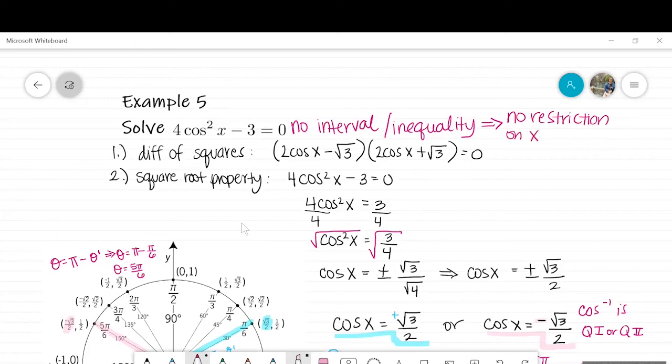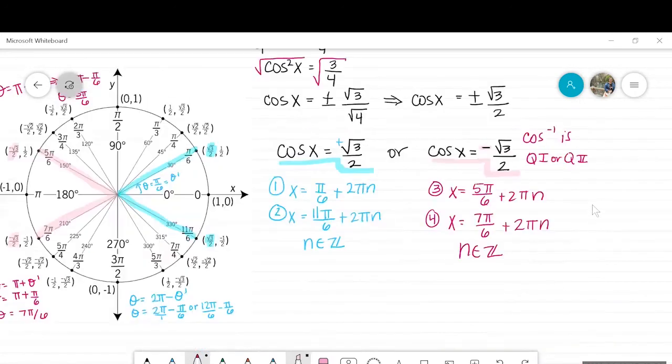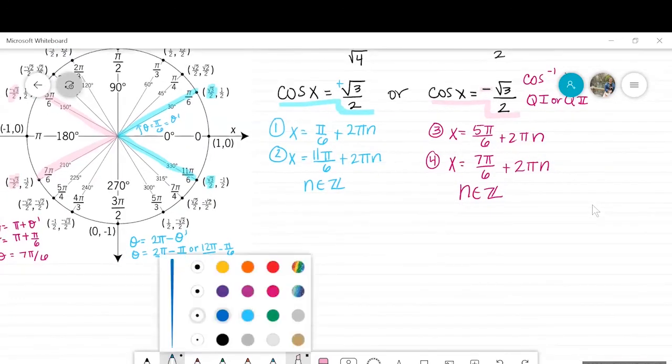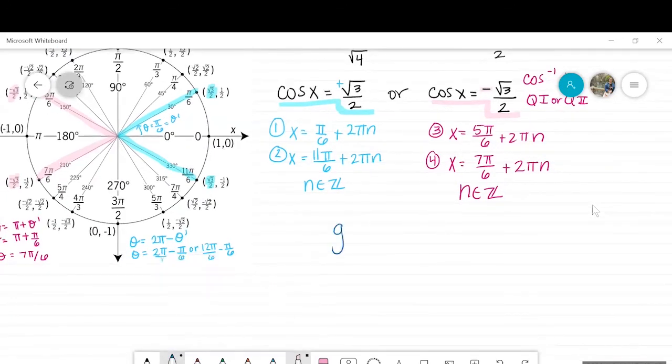So this is where we use a general solution. I would take these 4 answers that we have and write out what all of our answers actually are. So, the general solutions: I'm not limited to 0 to 2 pi, we just have 4 of them.